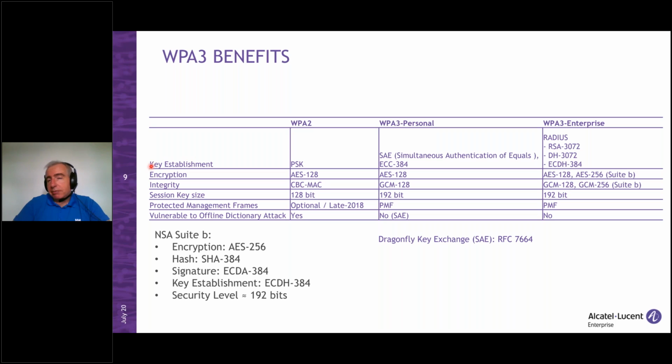The first one, and probably the key one, is how we do the key agreement in WPA2 personal versus WPA3 personal. Here we use a pre-shared key, and here we use a new paradigm, which is Dragonfly.